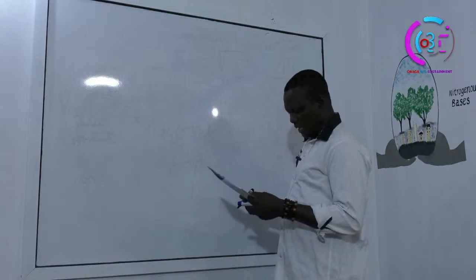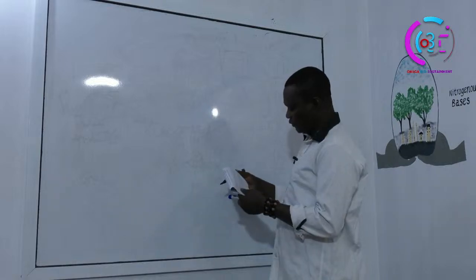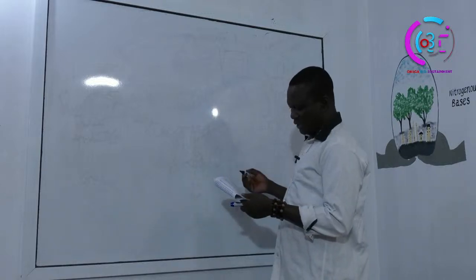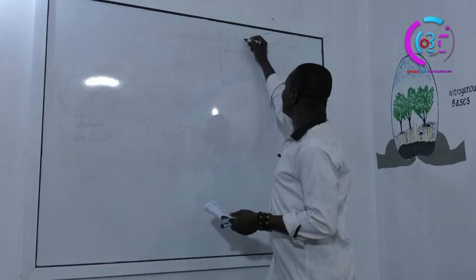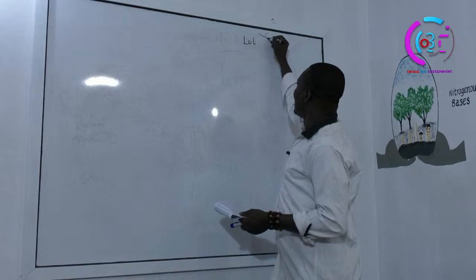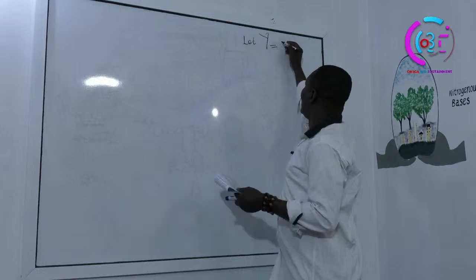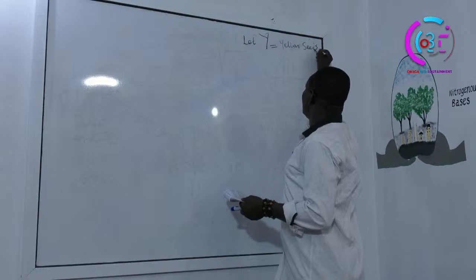Okay. So the alleles for the seed color are represented by, as I told you, capital letter Y, which represents yellow seeds.